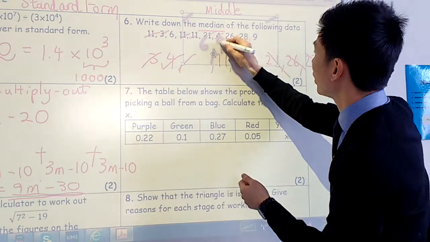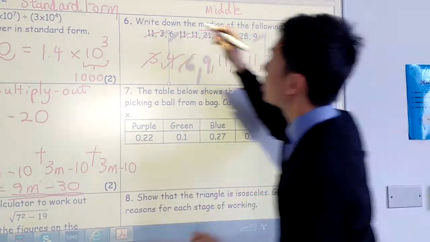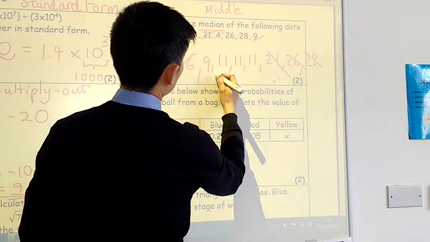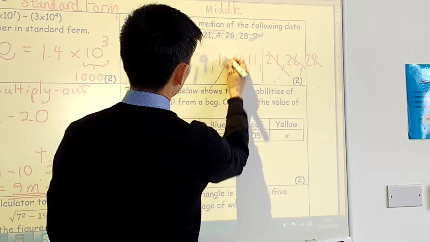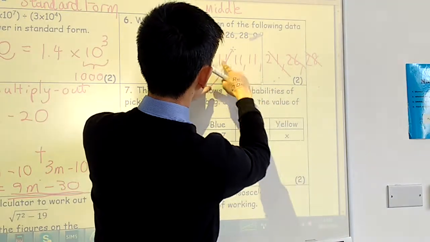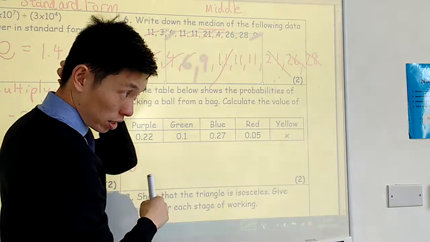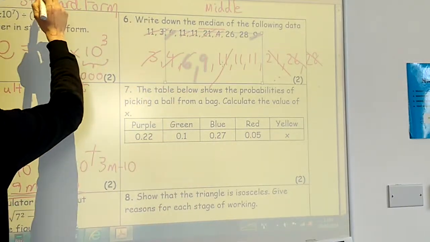So what I would have at the end is there should be 11 in the middle, so it's this 2.